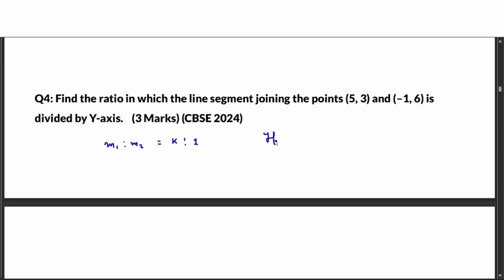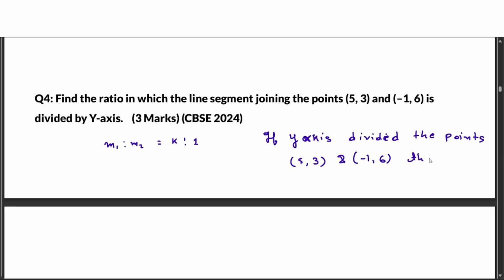If the y-axis divides the points, first point is 5 comma 3 and second point is minus 1 comma 6, then the coordinates will be 0 comma y.